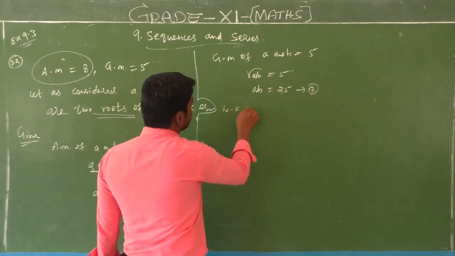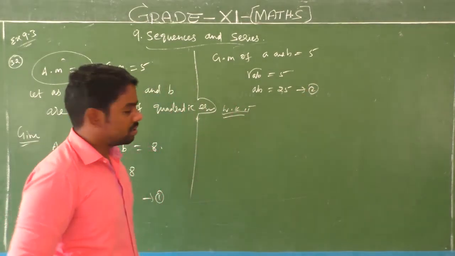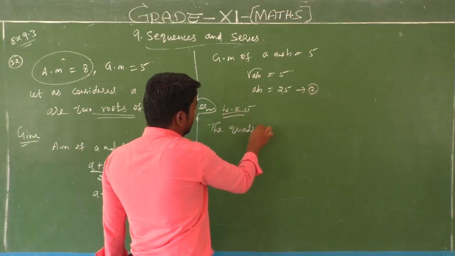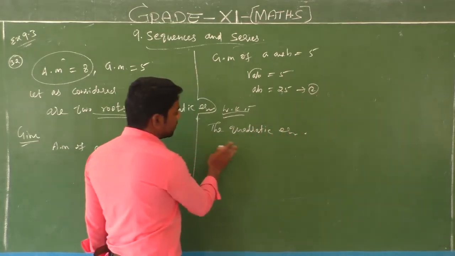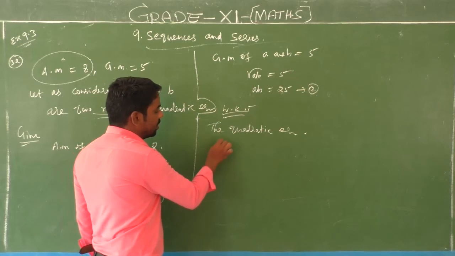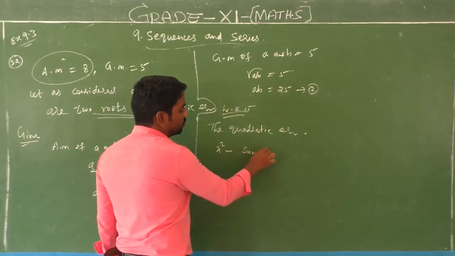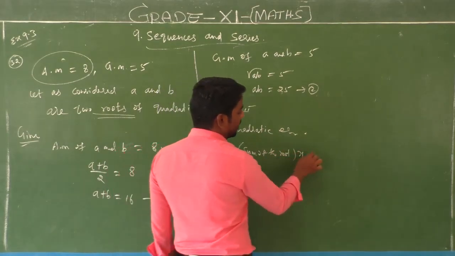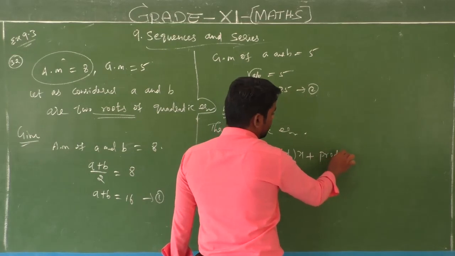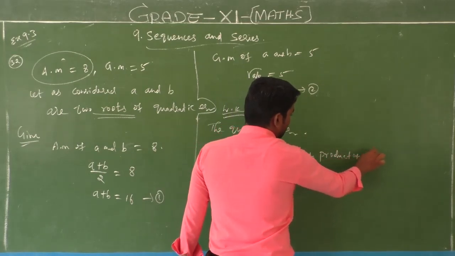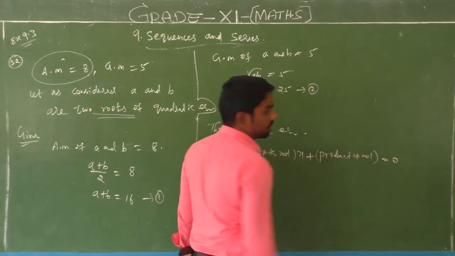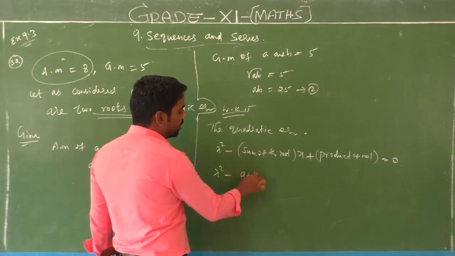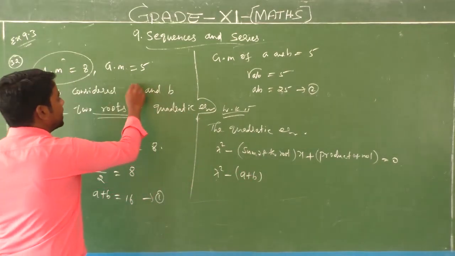We know the quadratic equation formula is x square minus the sum of the roots times x plus the product of the roots equals 0. Here the roots are considered as a and b.